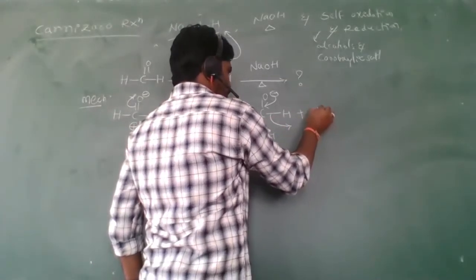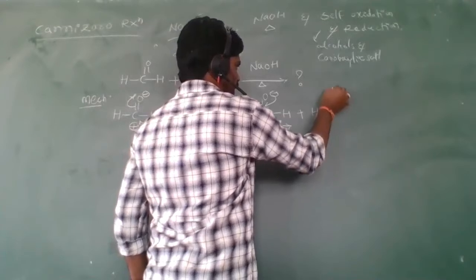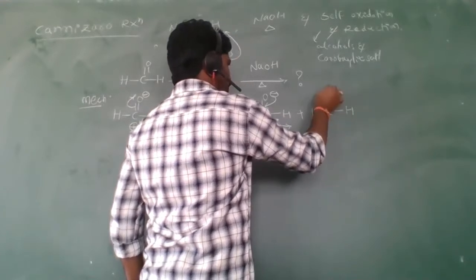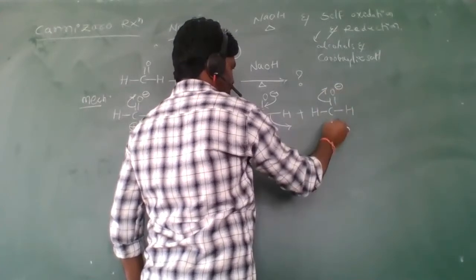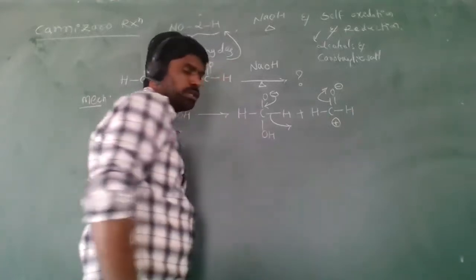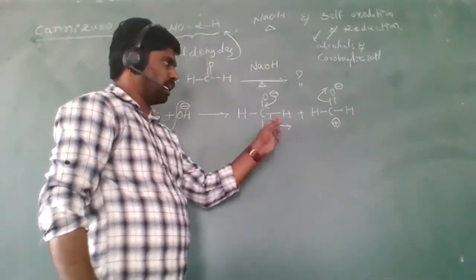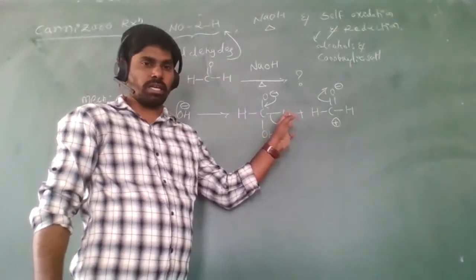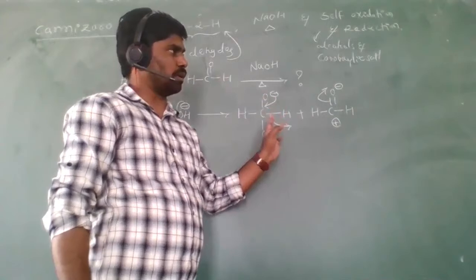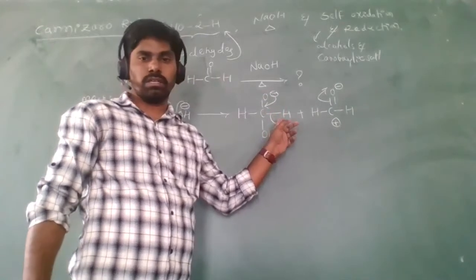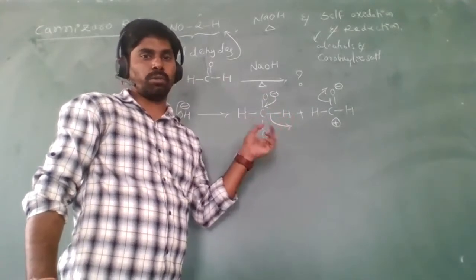I will take 1 mole of the formaldehyde here. Now this is O minus, so this carbon gets a positive charge. Usually hydrogen is removed positively, but in this reaction it is removed negatively.